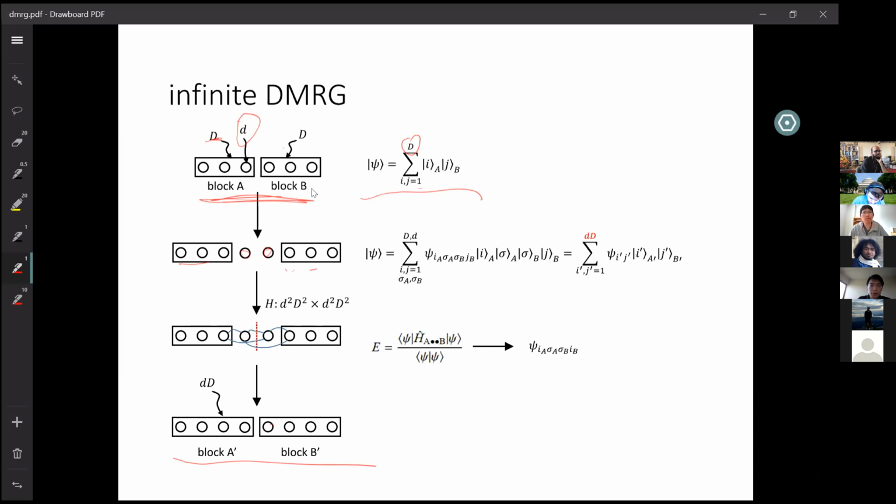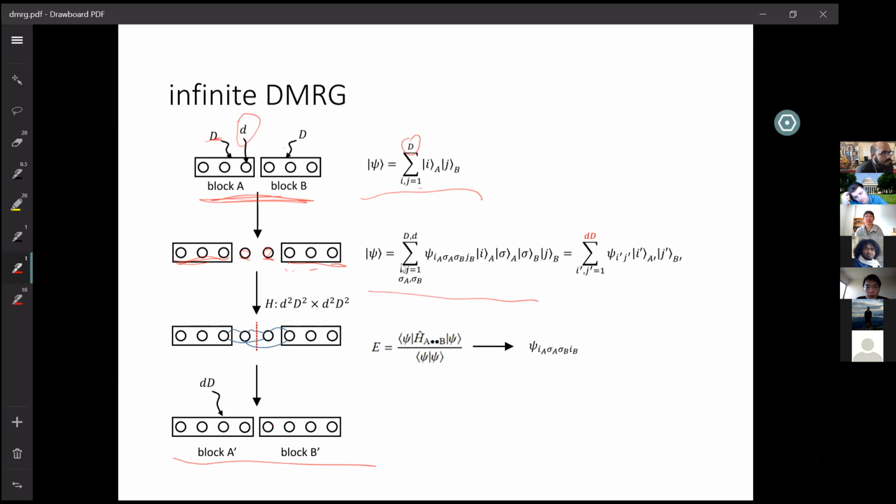Now, using this block basis, which is the capital D dimensional, and the site basis, which is little d dimensional, and this is little d dimensional, this is capital D dimensional, you have the new wave function written in this fashion.